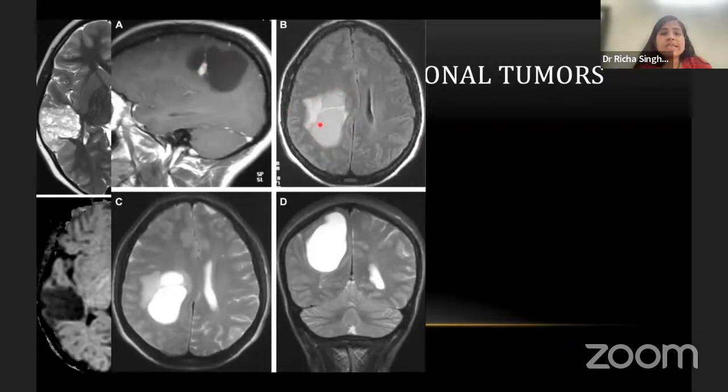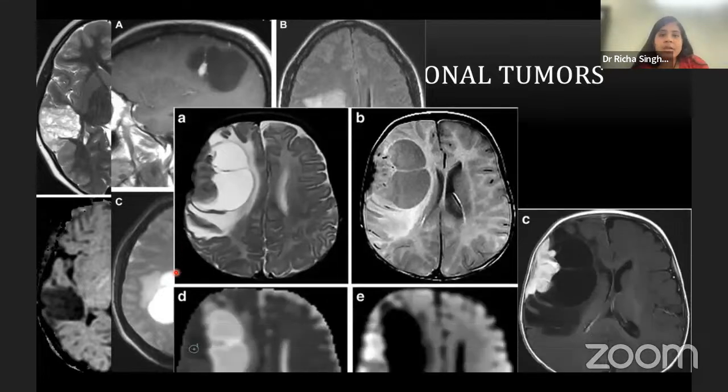The same thing we can see here on these T2 and FLAIR images: the septa are hyperintense, and there is some nodular soft tissue thickening here, which is hyperintense on FLAIR and on T2. There is some edema on T2 and FLAIR, and the typical configuration is of a cyst with a nodule. So in a patient who presents with seizure, there are very few differentials for a cyst with a nodule configuration, and ganglioglioma is one of the most common of them.